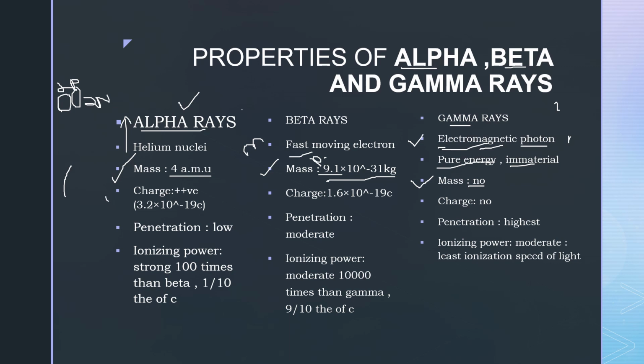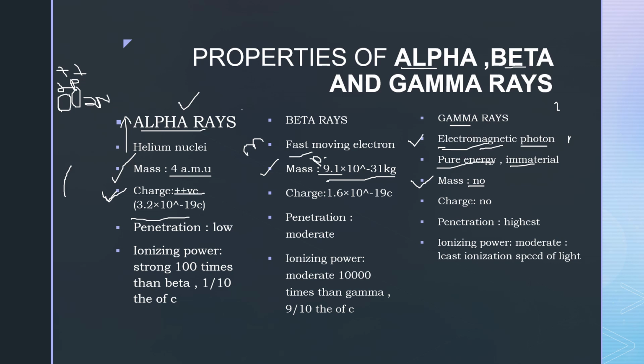Thirdly, the charge of the alpha rays is double positive, because there are two protons. Now, if the charge is double positive, the charge value would be, we know that charge is measured in coulomb, that's why it's written C here.